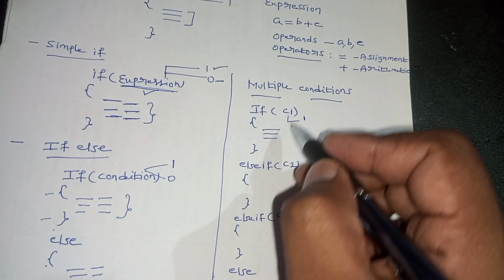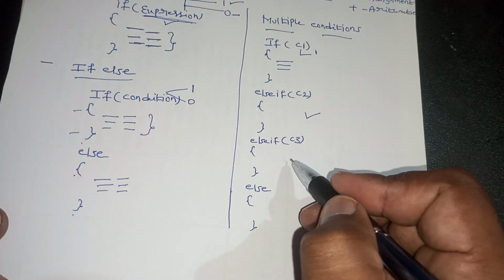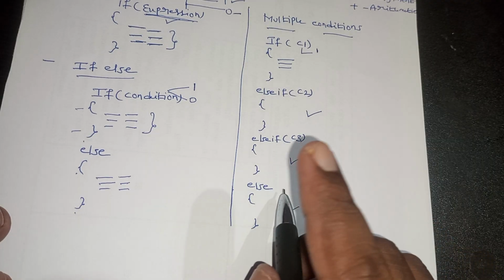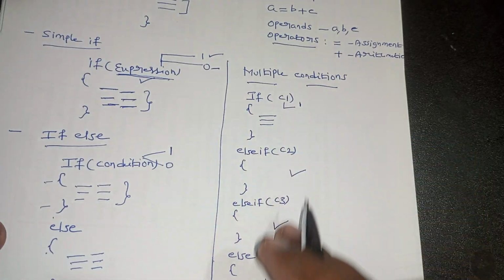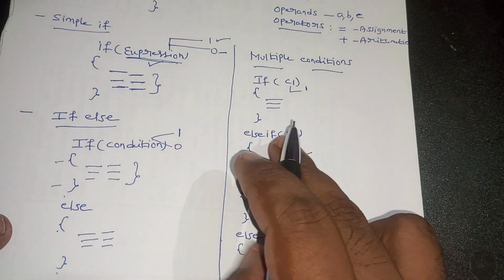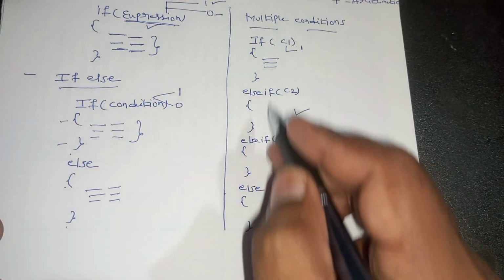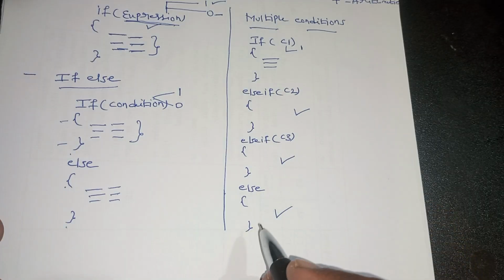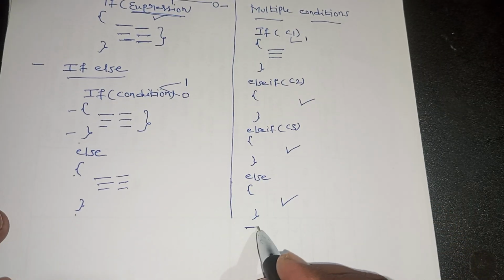Because the condition is true, don't execute the others. I have to execute any one condition only. So if the condition is true, don't go anywhere, don't execute condition 2, condition 3, or the else block, simply come out to the next statements.